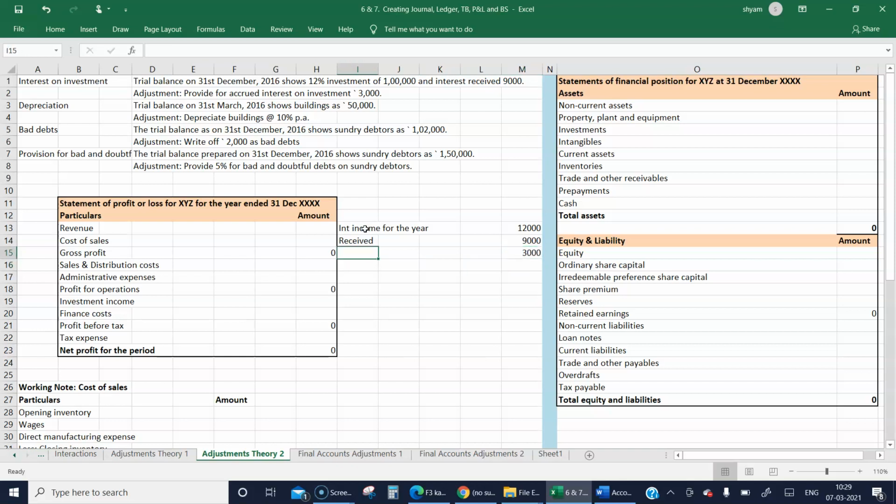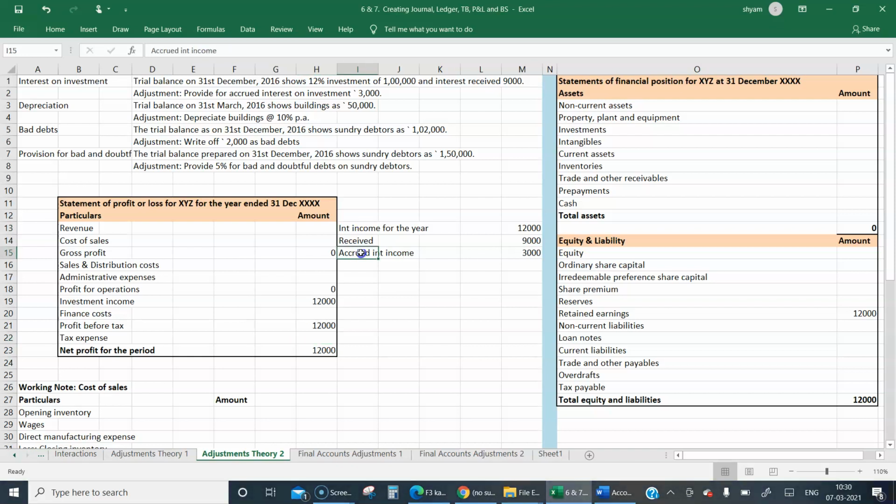This is accrued interest. They are eligible to receive 12,000 this year. They have received 9,000. They have not received the balance 3,000. So the 12,000 would be this year's income.